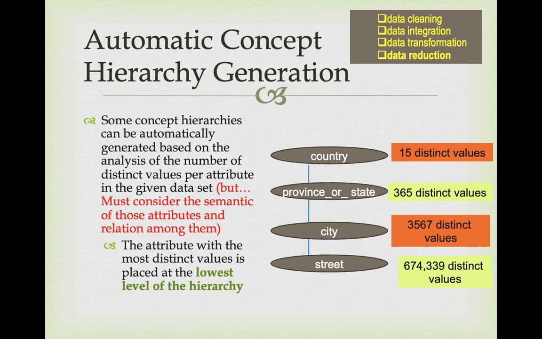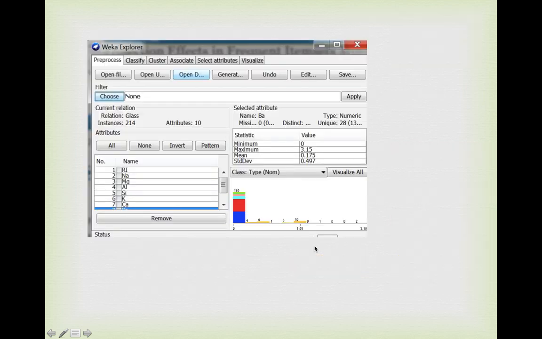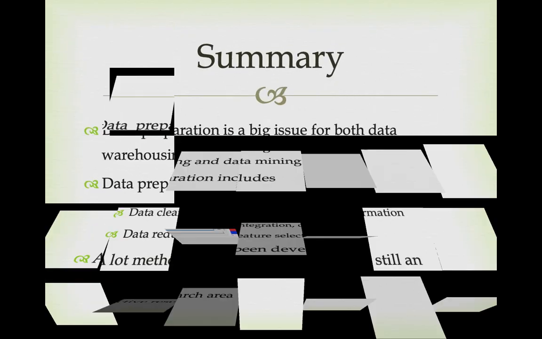The attribute with the most distinct values is placed at the lowest level of the hierarchy. So you can see, the most distinct value is placed at the lowest level of the hierarchy. So this is in the Weka Explorer.